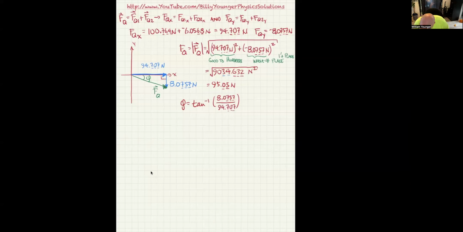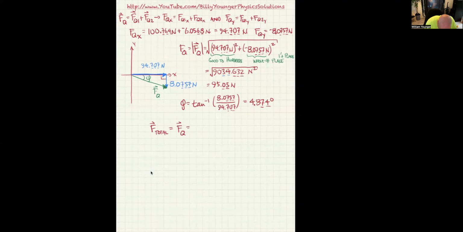I'm going to say tangent inverse of 8.0757 divided by 94.707, and that gives me 4.874 degrees. But I only had two sig figs in each of those, so I'm only allowed to call that 4.8 degrees.